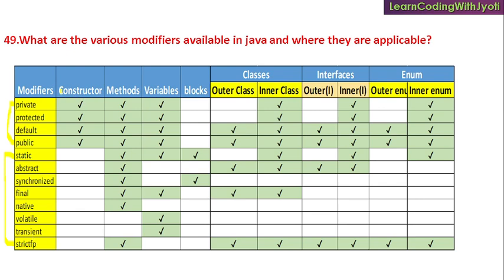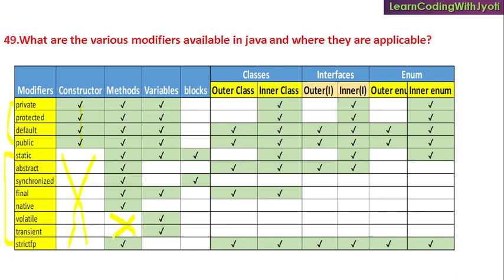Let's see which are applicable for constructor. For constructor only access modifiers are applicable and non-access modifiers are not applicable. For method, volatile and transient are not applicable.